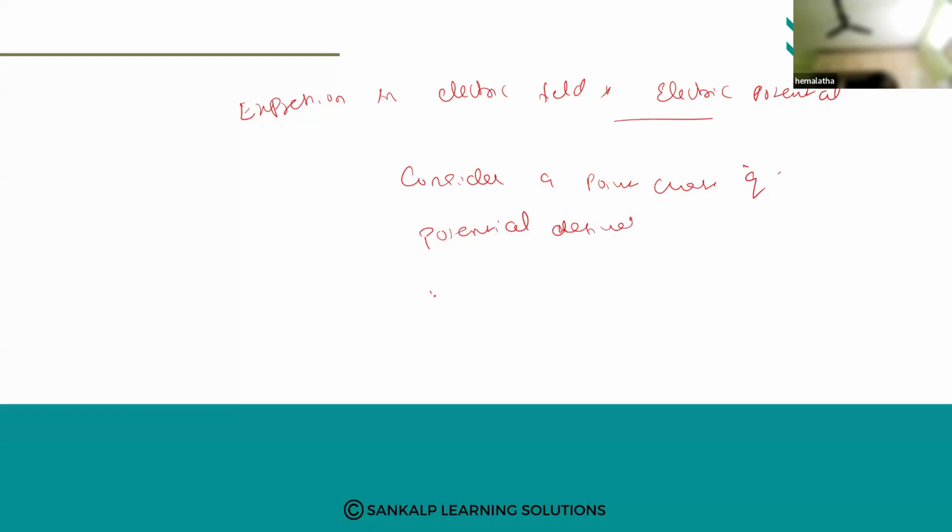Work done in moving a test charge from infinity to that point P. That is, the equation V is equal to K into Q by R. This is the equation for a potential. Consider a point charge Q. Potential is defined as the work done in moving a charge from that point to that, correct?